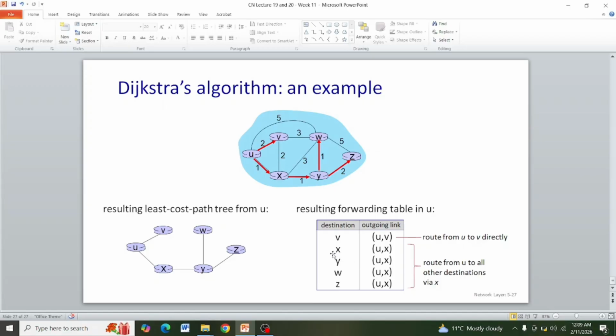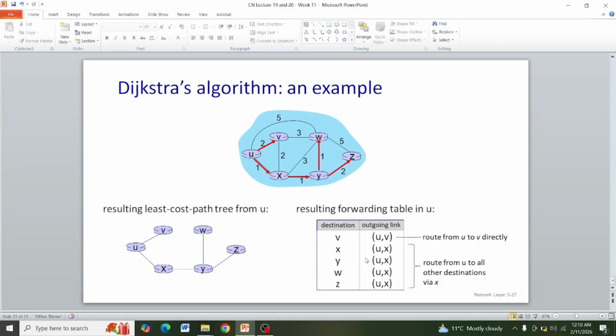When we want to reach x, y, w, and z, our next destination remains the same. It means there is another path with x that defines how to reach y, how to reach w, how to reach z, considering only one parameter, that is least cost.